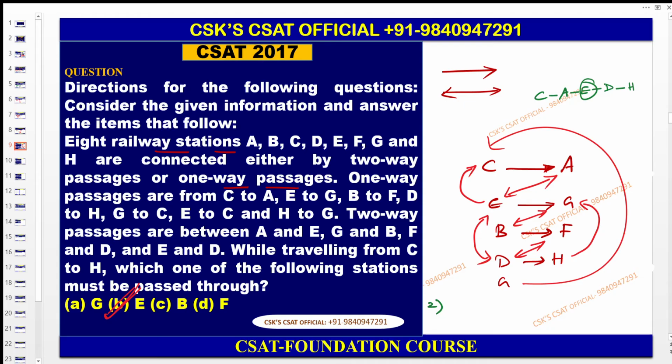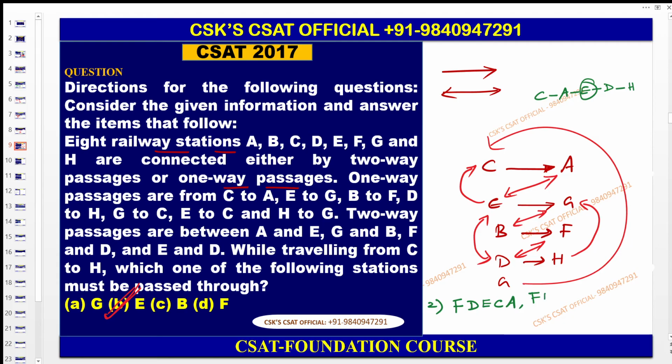So how many? F, D, then E we go, E to C we go, then A. One option will be there.